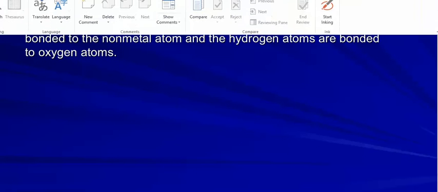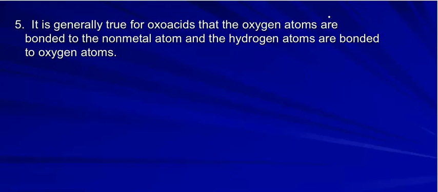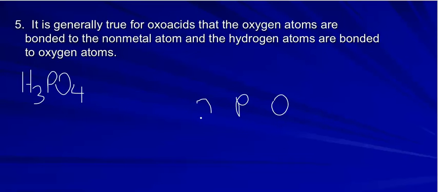For oxyacids, the oxygen atoms are bonded to the nonmetal atom, and the hydrogen atoms are bonded to oxygen atoms. For example, H3PO4. P would be in the middle, oxygen would surround the phosphorus, and the hydrogens are bonded to the oxygens, and there are 3 H's. Start on the outside and work your way towards the middle.